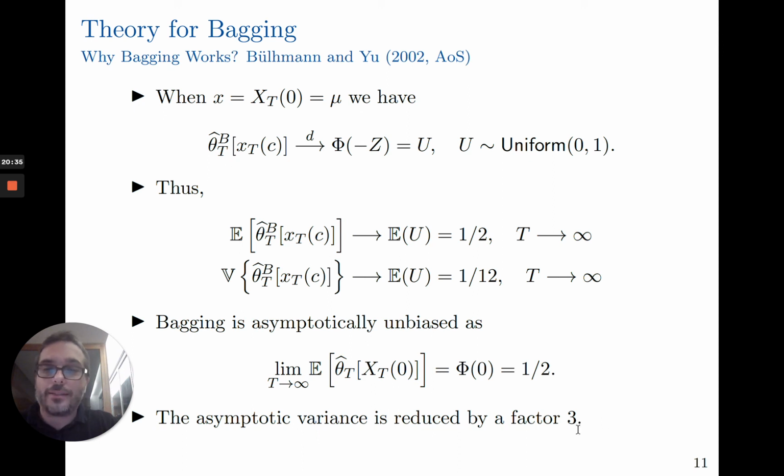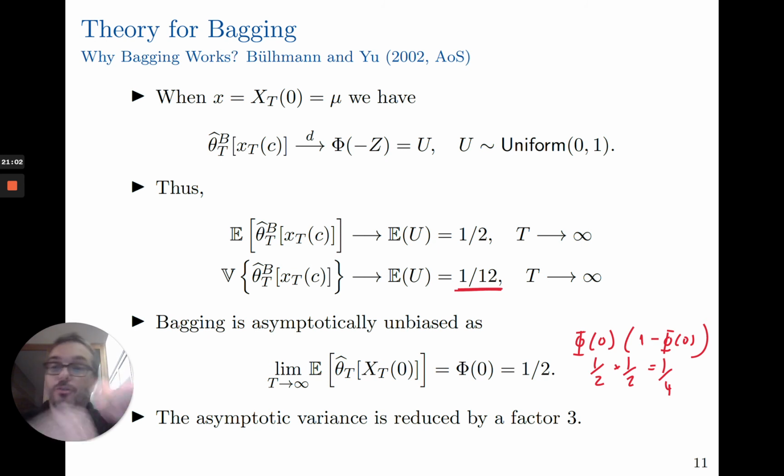Why is that? Remember the first slide, that will be the variance of the original estimator. So this will be 1/2 times 1/2, 1/4, but the bagging estimator gives us 1/12, 3 times less.